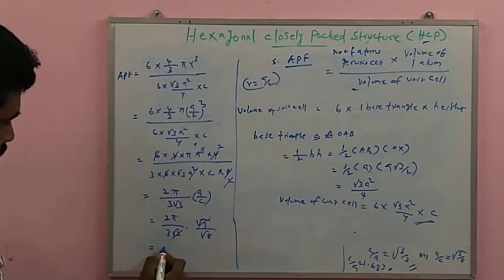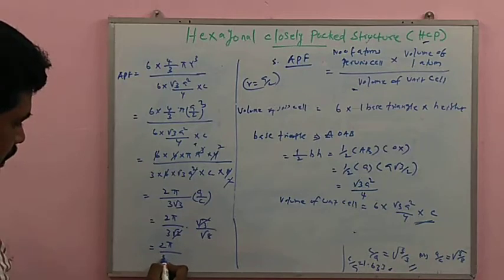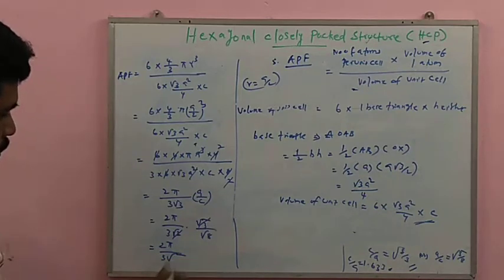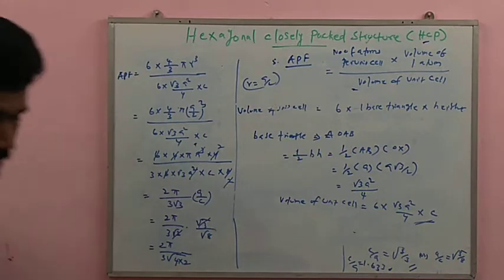So 2 pi by 3 into root 8. Root 8 means root of 4 into 2.